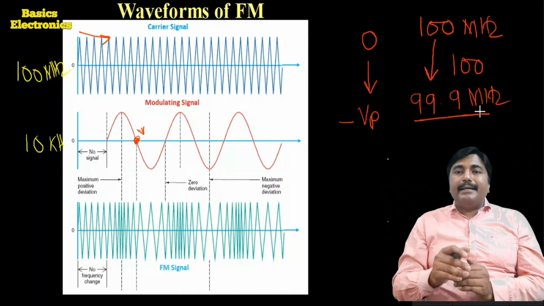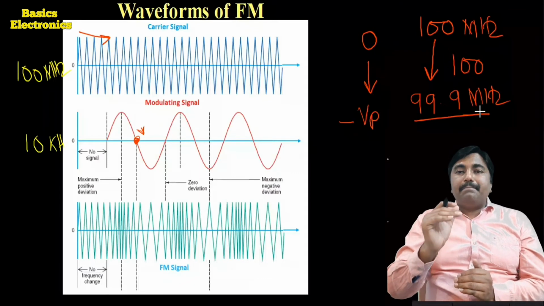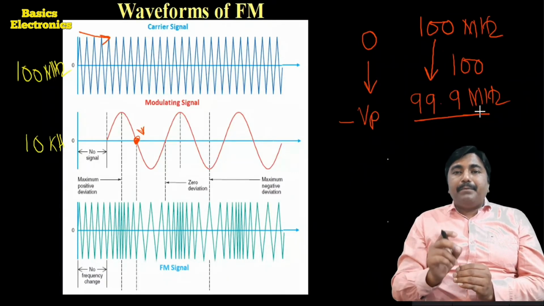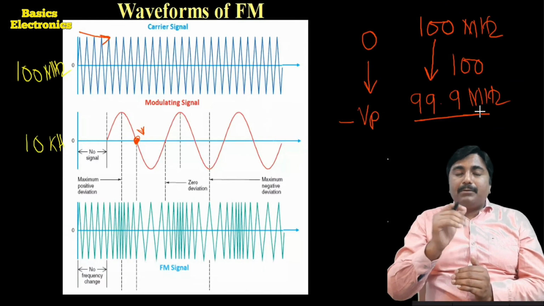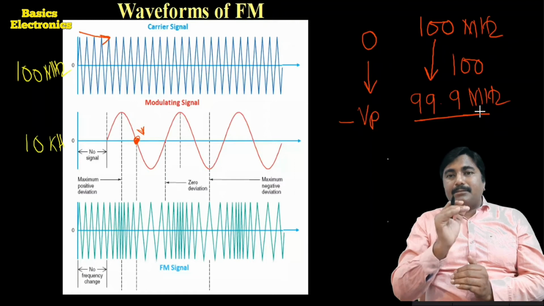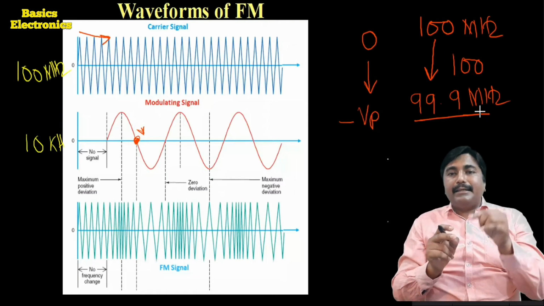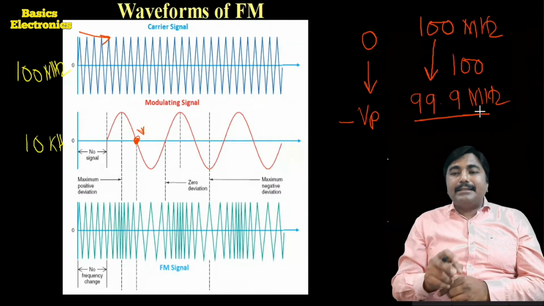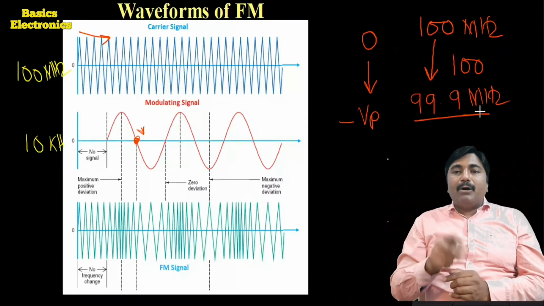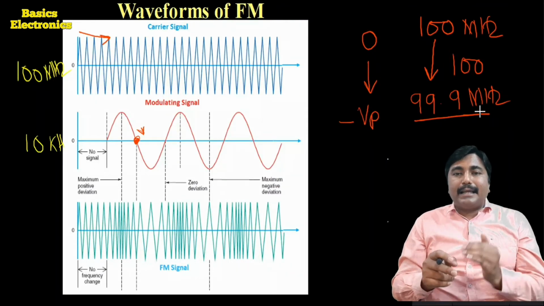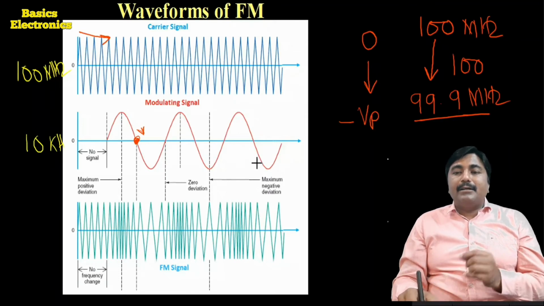In two sentences, we can say, as the amplitude of the modulating signal starts increasing, the frequency of the FM signal, or we can say the carrier signal, also starts increasing towards the maximum value. When the modulating signal voltage reaches the peak voltage, at that time it reaches its maximum frequency, and when the modulating signal starts decreasing, again the frequency starts decreasing. For a negative cycle, as the modulating signal voltage starts decreasing, the frequency of the carrier signal also starts decreasing.